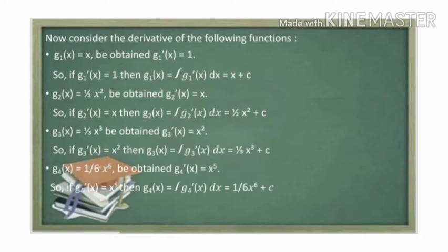g3(x) equals 1/3 x cubed, we obtain g3'(x) equals x squared.